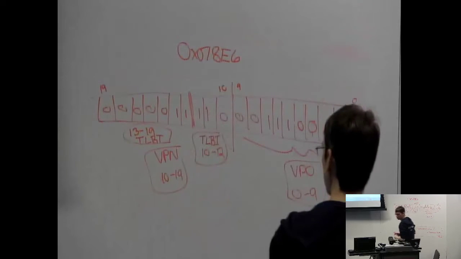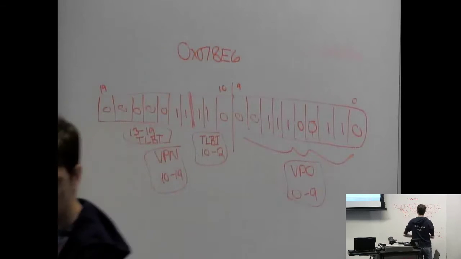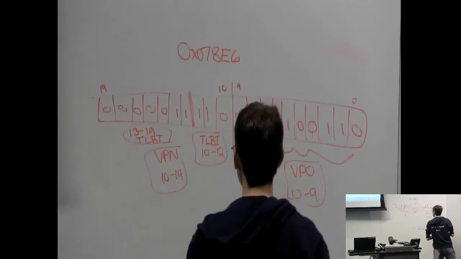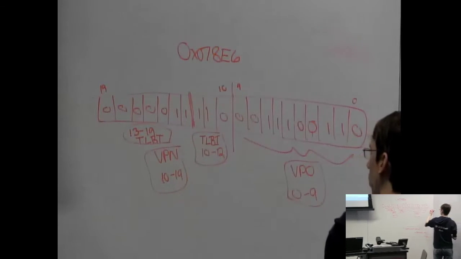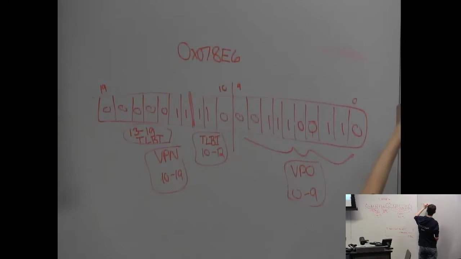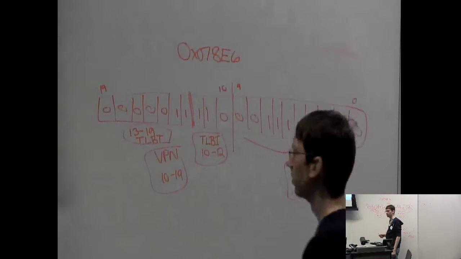I think it wants us to put it in hex. Yeah, it wants us to put it in hex. Now we got to translate this part of the number back into hex. Okay, so we've got 1110. So what's 1110? That's just E, right? You should be able to do these translations quickly.